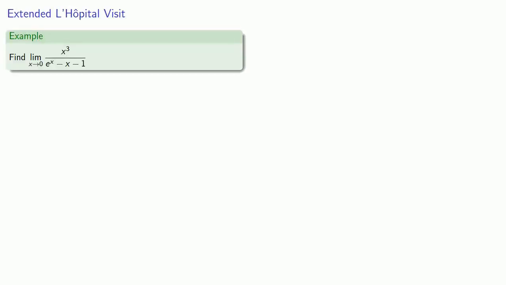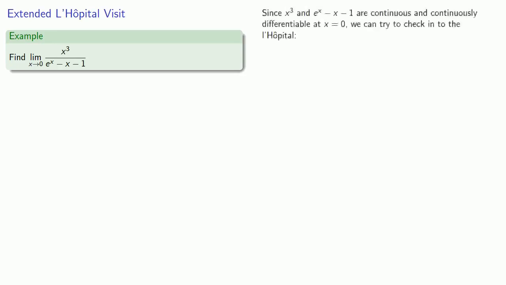So what about the limit as x approaches 0 of x cubed over e to the x minus 1? Since x cubed and e to the x minus 1 are continuous and continuously differentiable at x equals 0, we can try to check into the L'Hopital. So we'll fill out the admissions paperwork by finding the limits of the numerator and denominator. And since they both go to 0, this is a L'Hopital's problem.